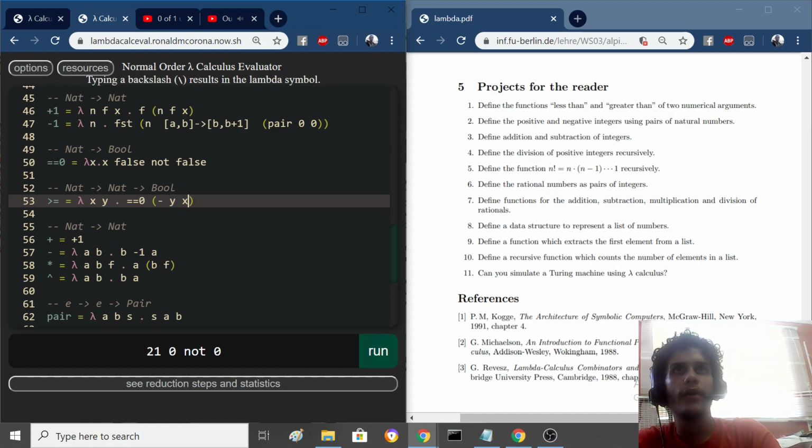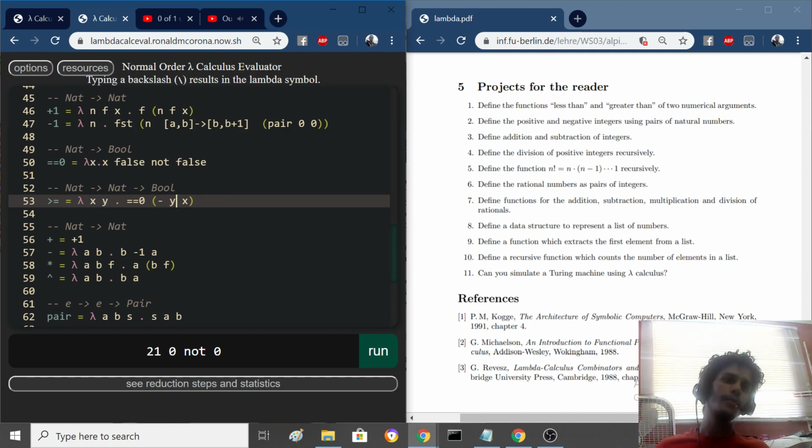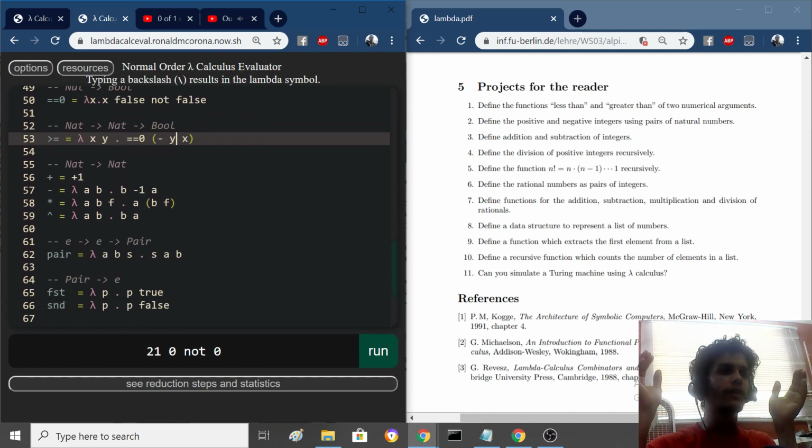Right? So yeah, if x is 5 and y is 4, then we're actually doing the predecessor function to y x many times. We know that natural numbers don't go below 0. That's the definition of natural numbers, right? And if we do the predecessor function to 0, if we try to subtract 1 from 0, we get 0.